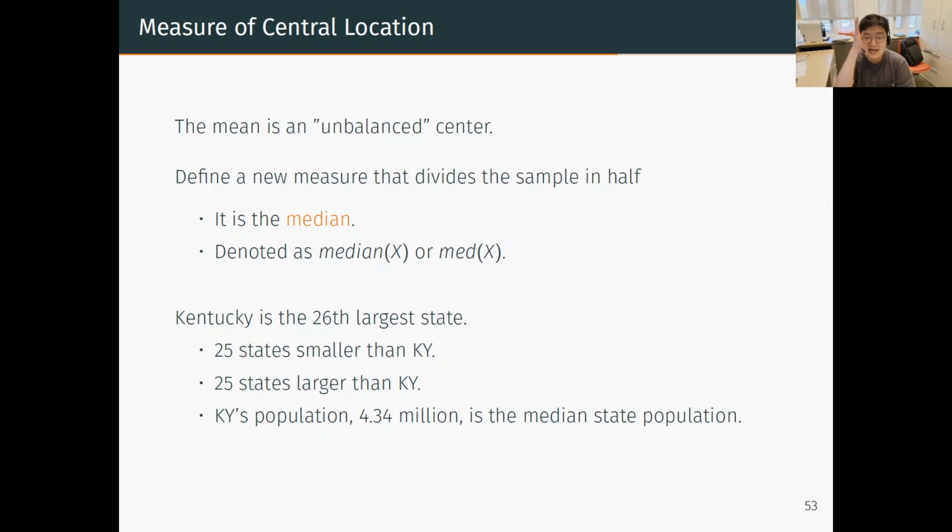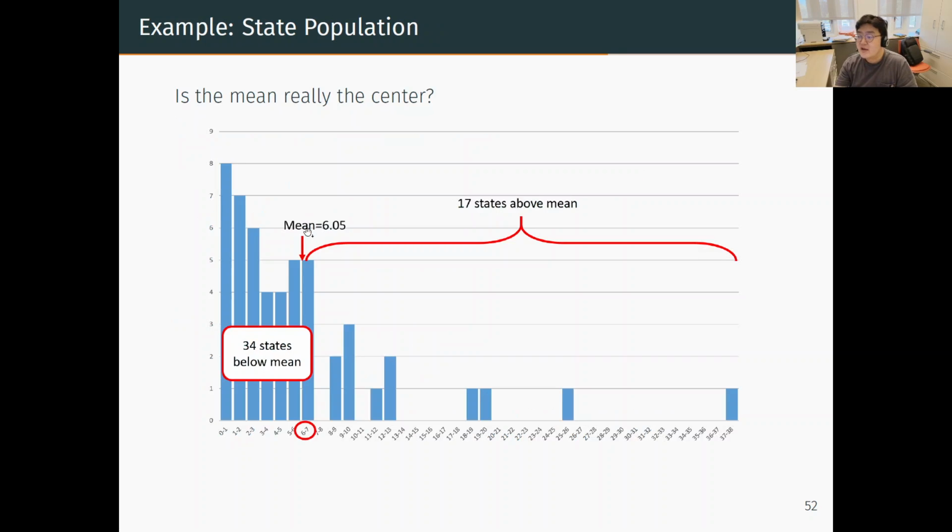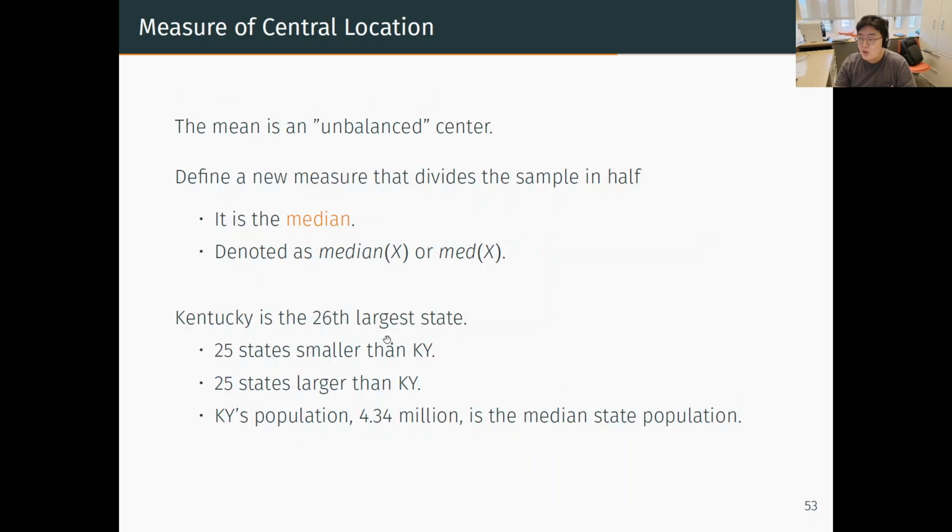I'd like to find exactly the middle, the center of the data. That is the median, right? It's pretty intuitive. In our case, there are 51 states, so you can divide the data into half and half. If you choose the 26th largest state, that is Kentucky.